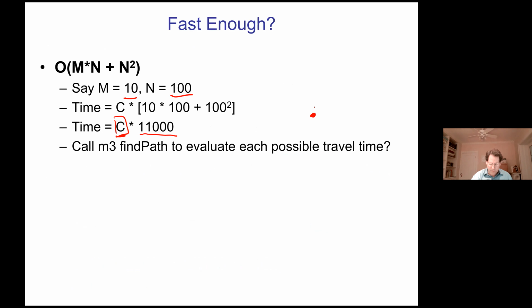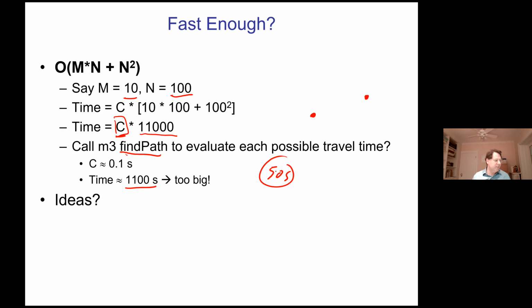So I want to know how long to go from where I am now to some potential next pickup. I can call my M3 find path. That'll tell me exactly what the answer is. But that's about 0.1 seconds for a pretty fast find path. And that means that this is about 1100 seconds. So it's nowhere near lifetime of the universe, so way better, but it's still too big. Because we're going to give you 50 seconds. So this is still too long.